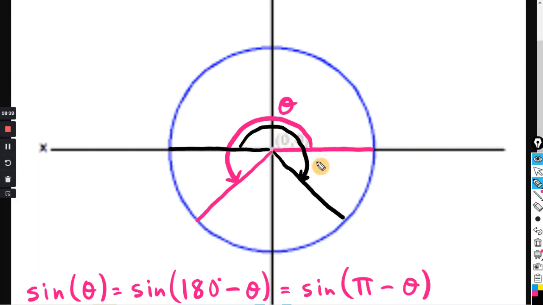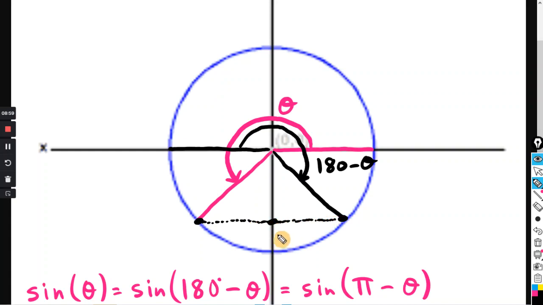The angle in black is simply 180 minus theta. And if you look at the y-coordinate of this point, this is the y-axis, so I'm going to trace it to the y-axis. And the y-coordinate of this point here, trace it to the y-axis.